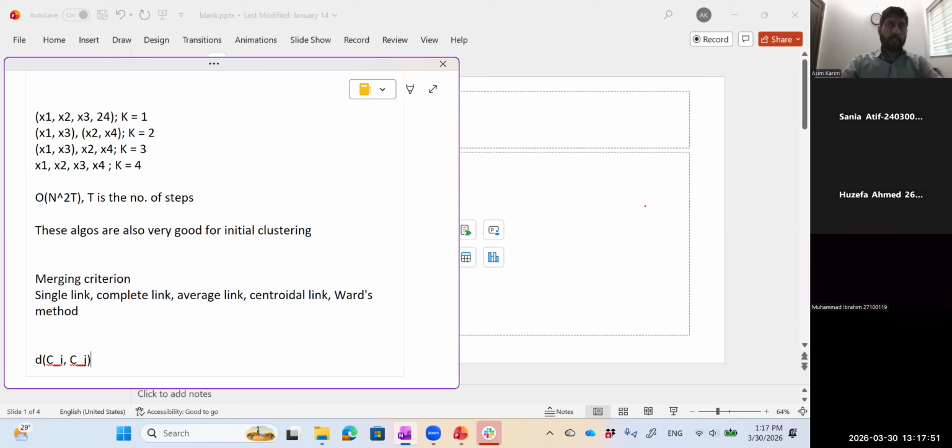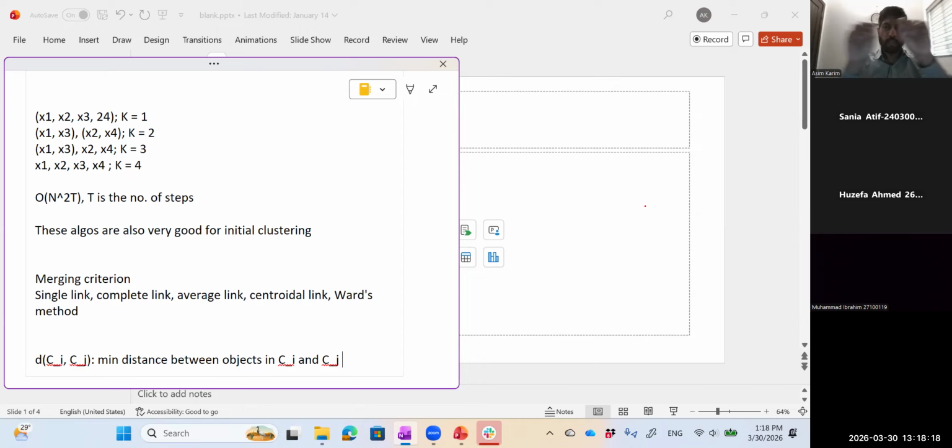अब इसमें जैसे मैंने कहा था कि single link क्या चीज है, let me write it. So single link is the minimum distance between objects in Ci and Cj.